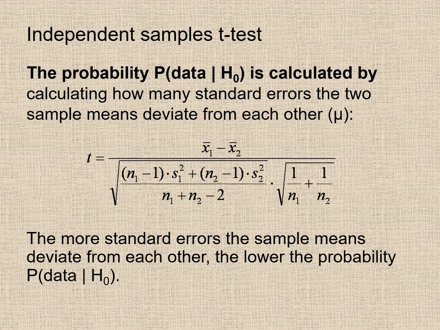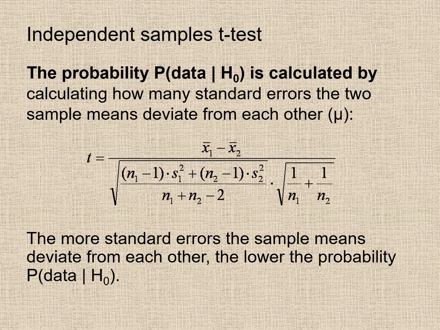So the denominator tells us that this is how much we expect the two sample means to deviate from each other if the null hypothesis is correct. So what the t-value tells us is how large the actual difference between the sample means is in relation to the expected size of the difference, given that the null hypothesis is correct.